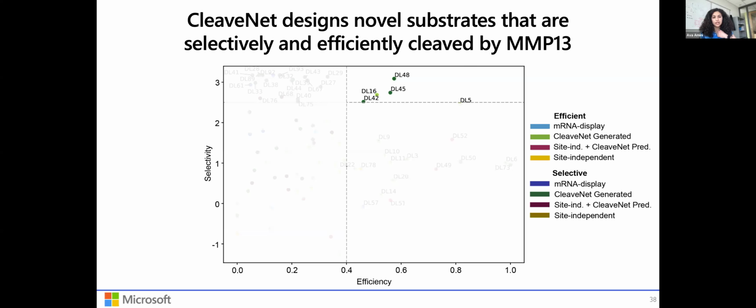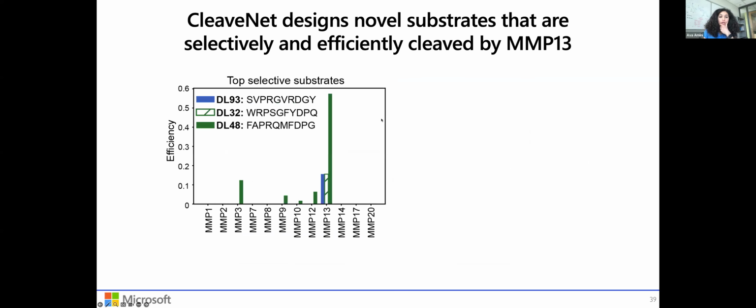And so here, what we can immediately appreciate is that for this particular substrate, DL48, we not only observe very strong selectivity for MMP13, but remarkable efficiency relative to the top performing efficient substrate from the training set that is shown here in blue, as well as a CleaveNet generation that was nominated for efficiency.